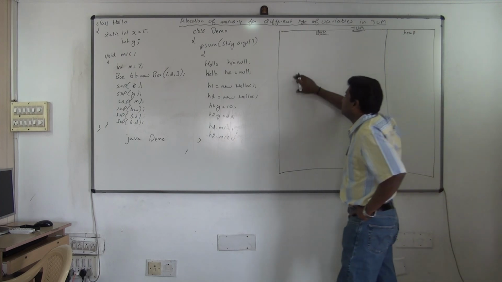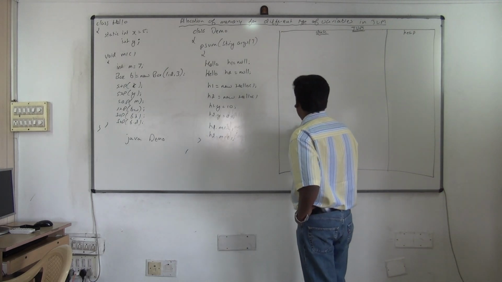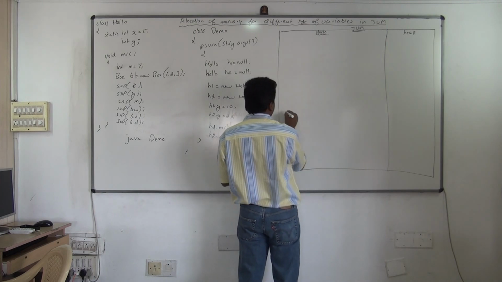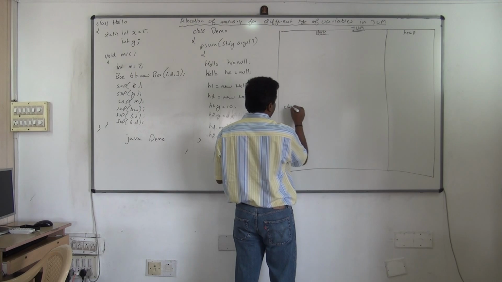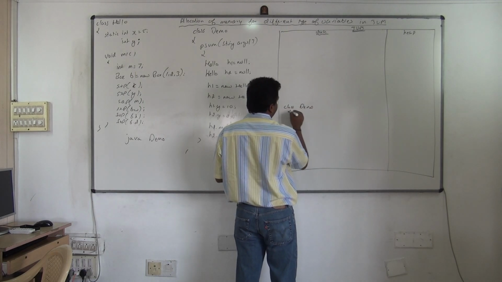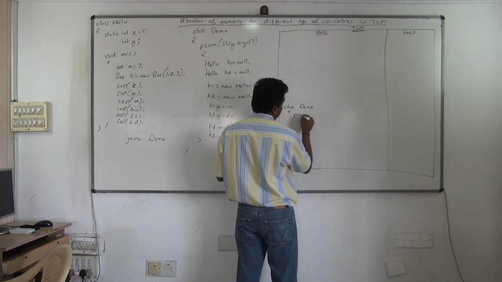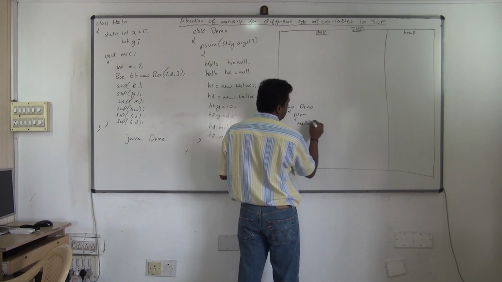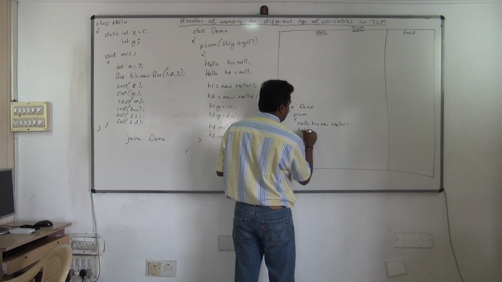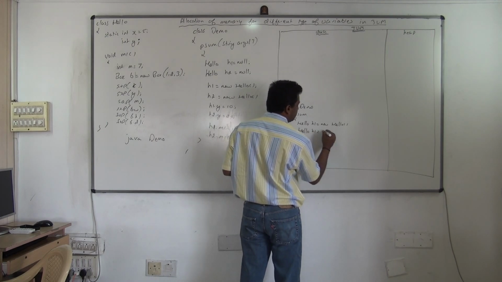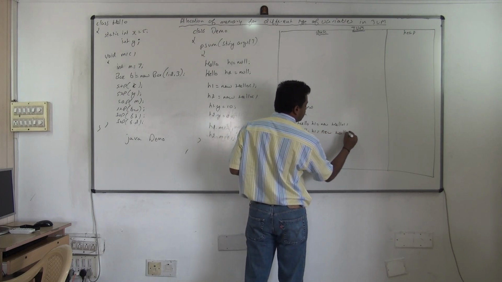Okay, let's see this now. So this is our program. Now I'll write a very simple program. I'll write class Demo here. Hello h1 is the same code I'm writing, no difference. Hello h1 is equal to new Hello. Hello h2 is equal to new Hello.